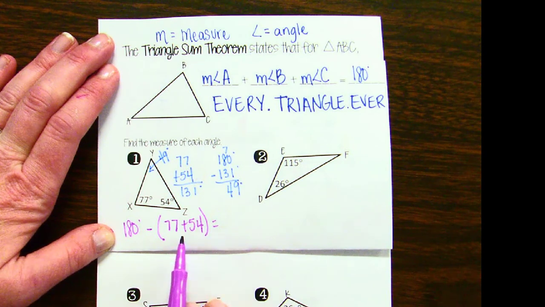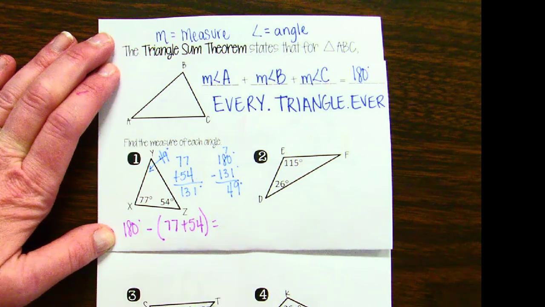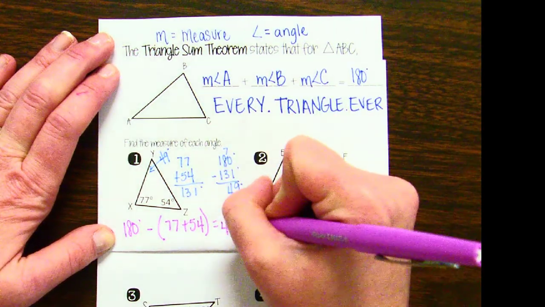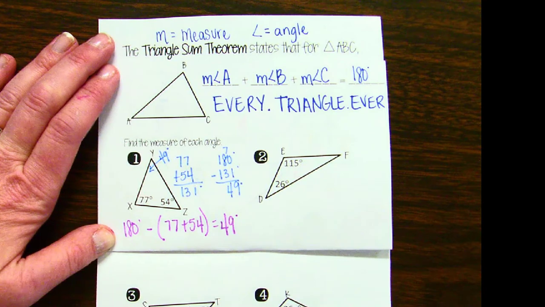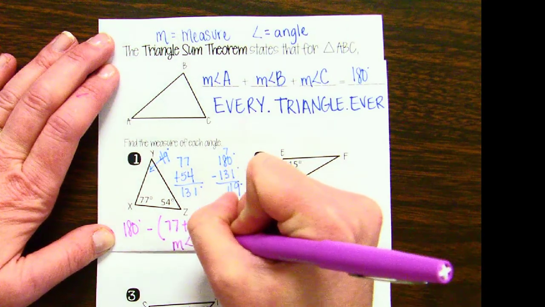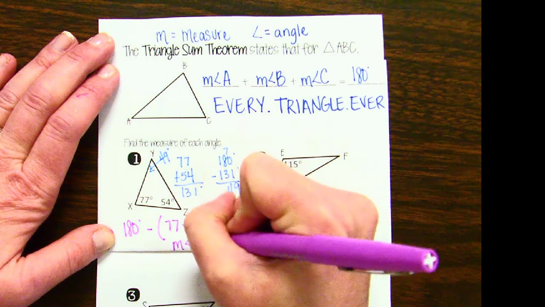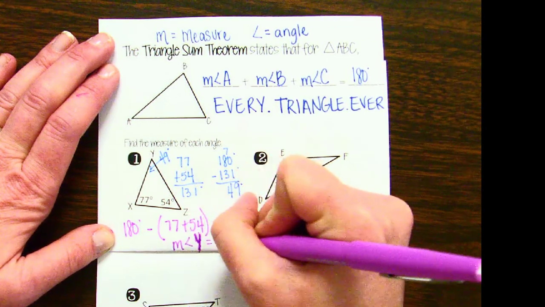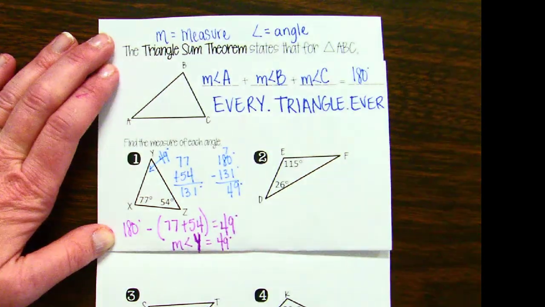This is still 131, and you've got 180 minus 131. That's still going to be 49 degrees. So the measure of angle Y is 49 degrees.